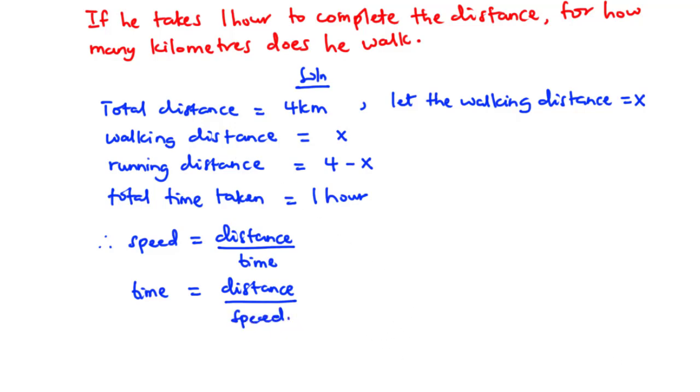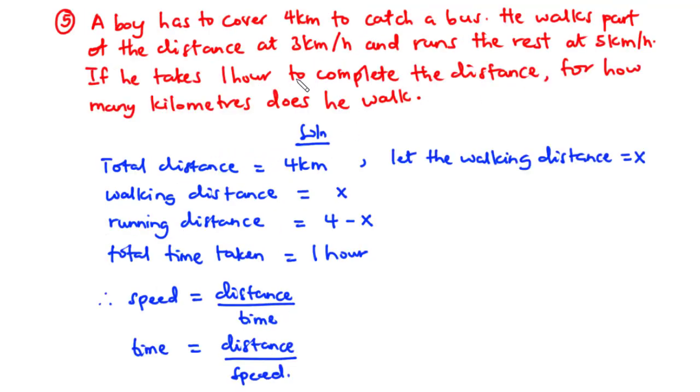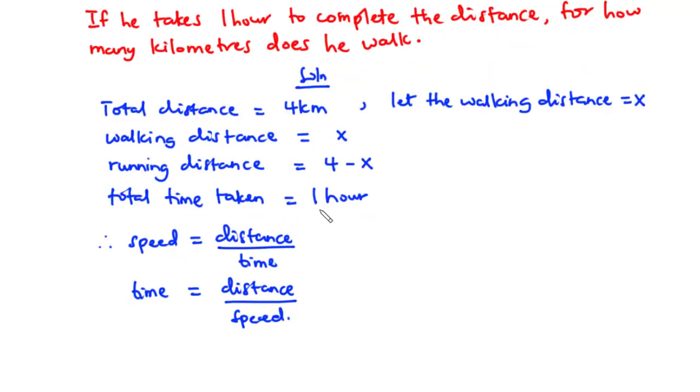Now we know the walking distance as well as the running distance, and then we know the speed at which he walked and the speed at which he ran. Now, if you combine the two, that is distance over time for walking and distance over time for running, that will be equal to the total time taken for the whole period.